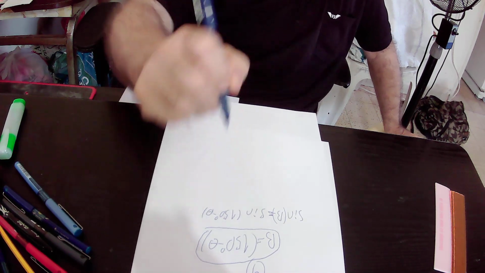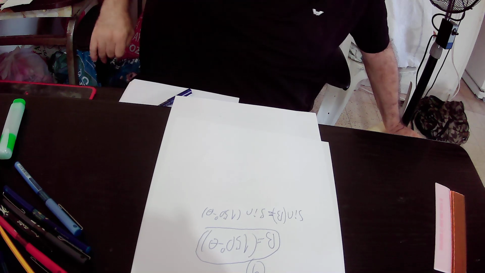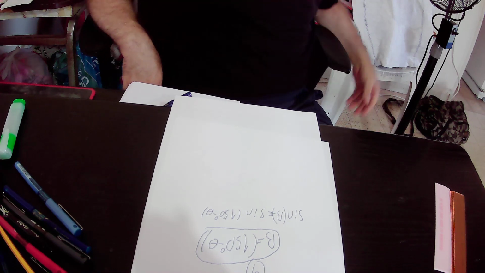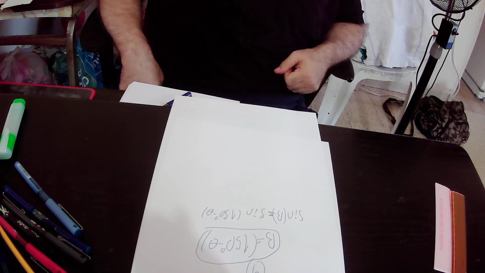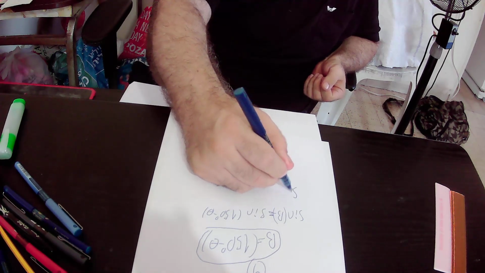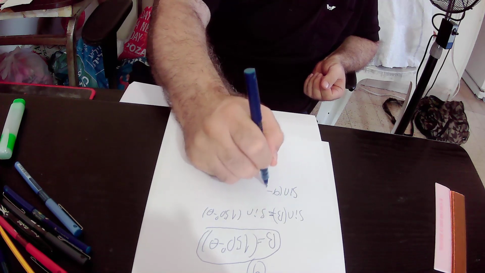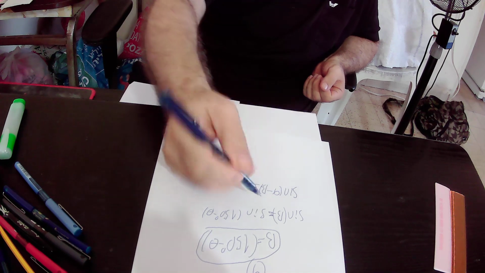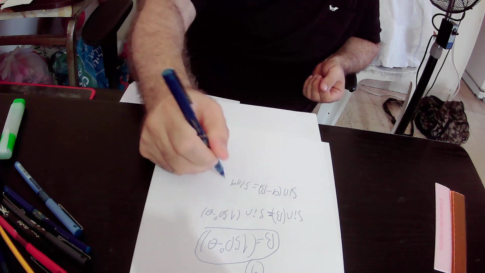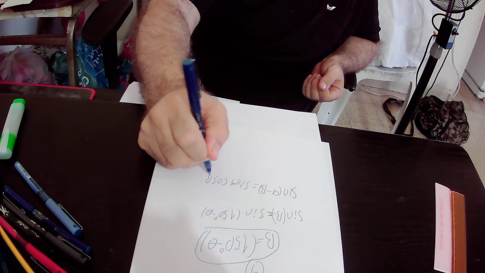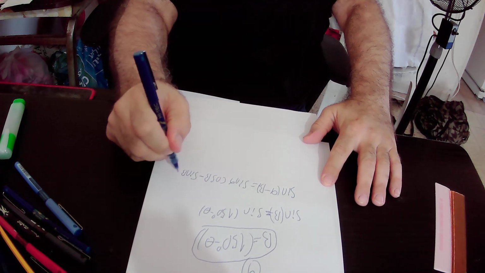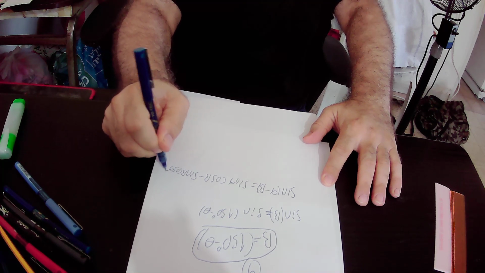Okay, very simple. And we have the second trigonometric identity that states that the value of sine alpha minus beta equals sine alpha cosine beta minus sine beta cosine alpha.